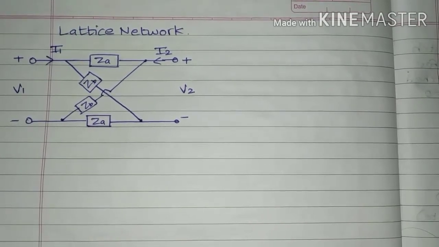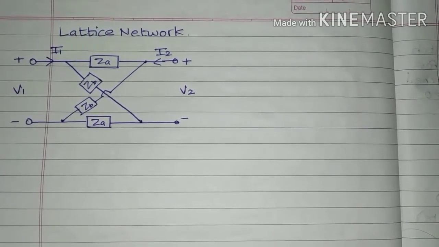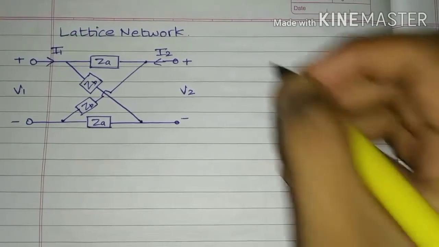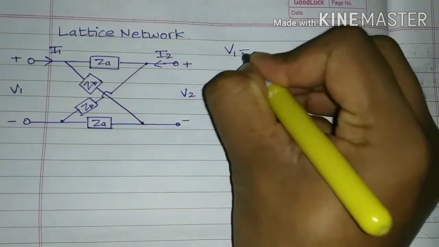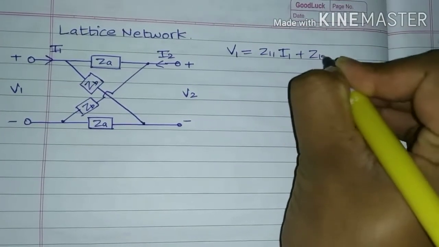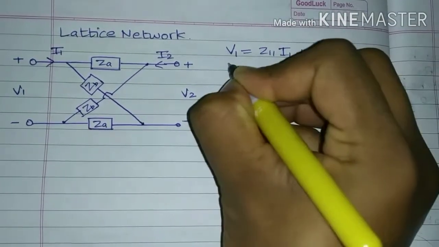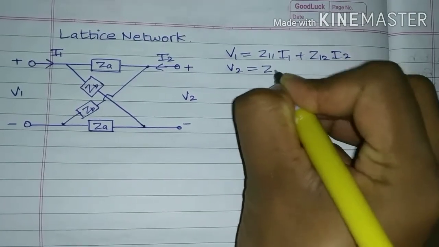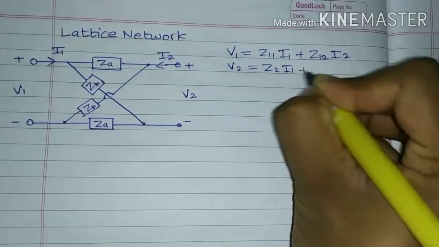First of all, I will write down the equation of Z parameters, which is V1 is equal to Z11 I1 plus Z12 I2 and V2 is equal to Z21 I1 plus Z22 I2.